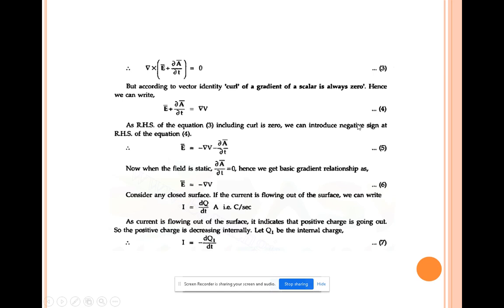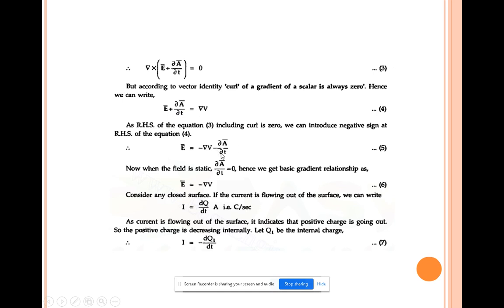So we are going to introduce a negative sign. Because whichever way we take it, whether the value is plus or minus, it is equal to 0. It will not affect the equation. So we are going to take the negative sign for the gradient. So E vector equal to, instead of gradient, we take minus del V. And this plus sign, when it goes to the other side, becomes minus.